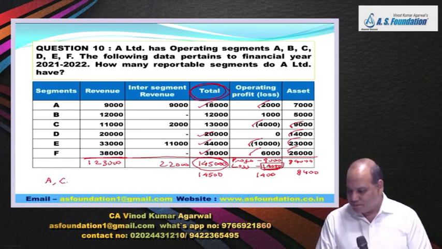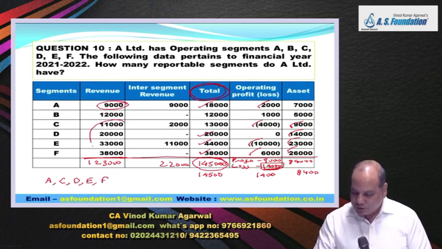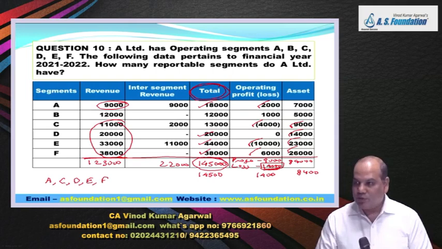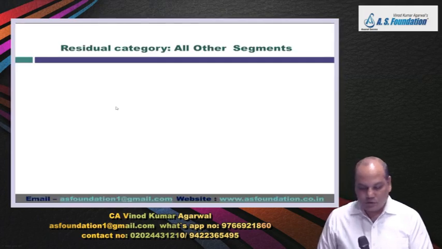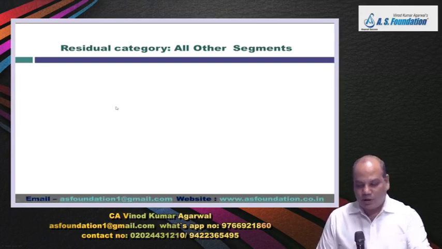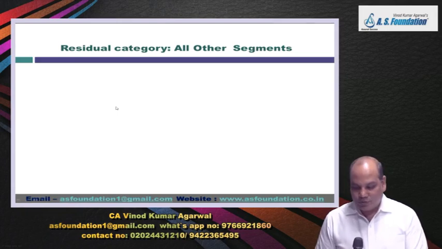C, D, E, F. So take total of external revenue. 111 divided by 123. 90.24%. So this is my final answer. Right? And what is not separately reportable will be reported as all other segments.